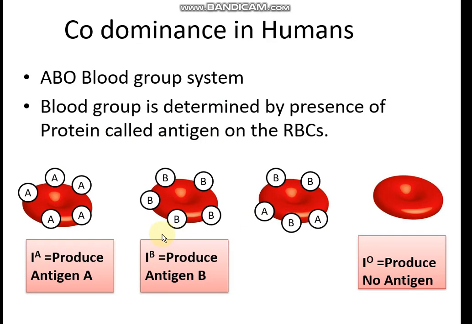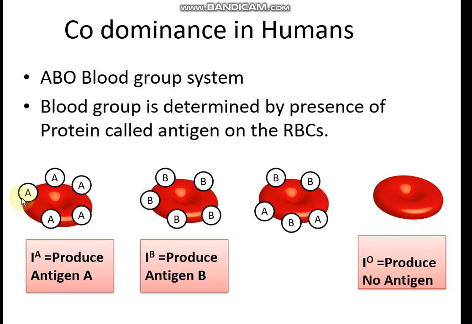How do we determine a blood group? According to the ABO blood group system, blood group is determined by the presence of a protein called an antigen on the red blood cell. You are familiar with red blood cells. Their function is to carry oxygen, and the specific antigen present on the red blood cell will determine the blood group of the person.